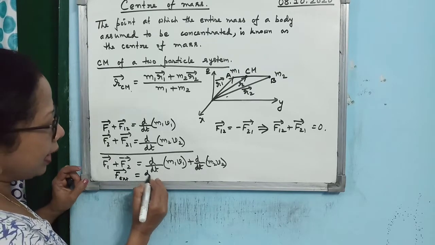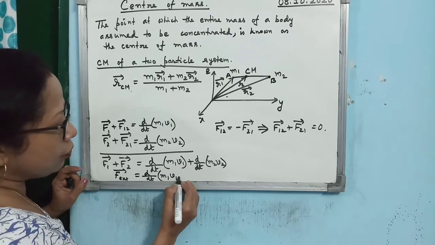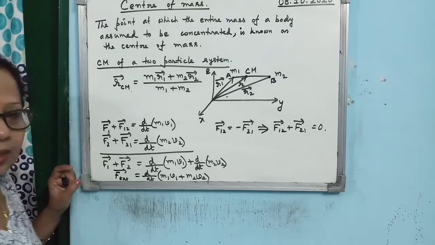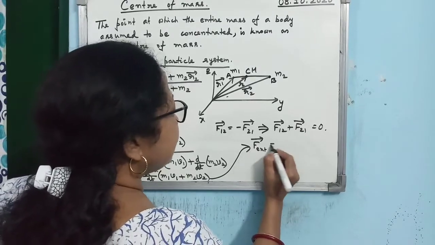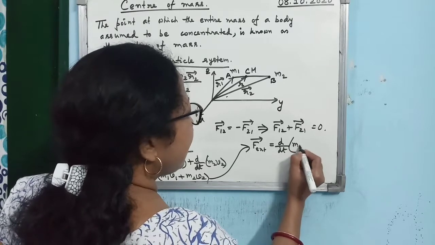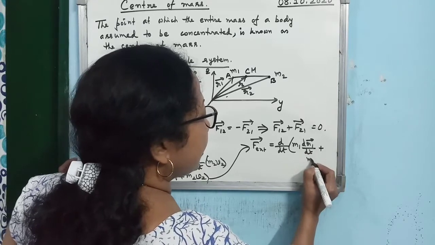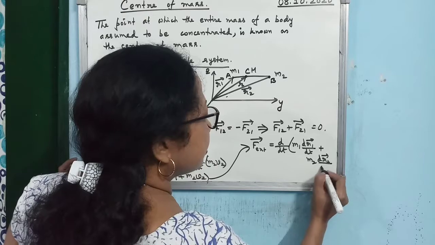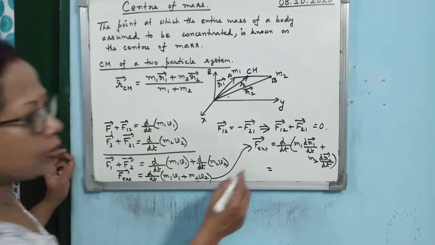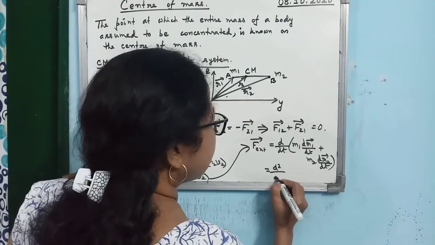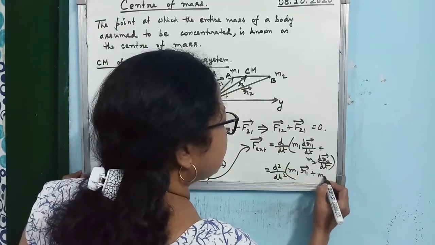So you can write it as F external equals d/dt of m1 v1 plus m2 v2. Now again you can write v1 as dr1/dt, and v2 as dr2/dt. Is that clear? So you can take the derivative outside. So you can write it as d2/dt square, the double derivative of m1 r1 plus m2 r2.